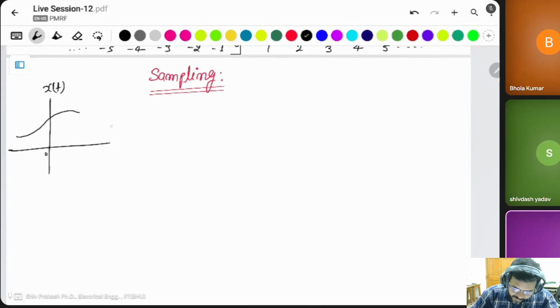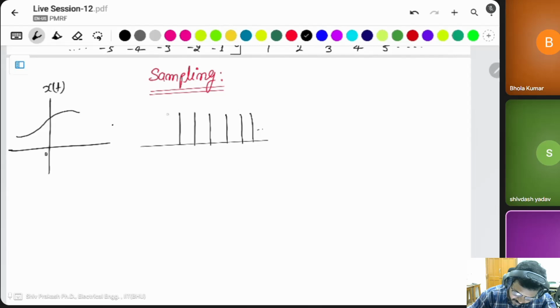If you multiply an impulse train with this continuous signal, the impulse train looks like that, a simple unit impulse train at 0, t, 2t, 3t, 4t, minus t, minus 2t.